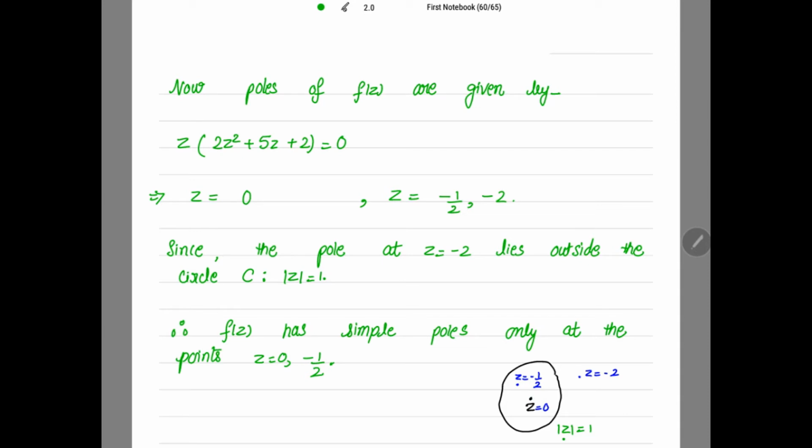And z is equal to minus 2: take the mod, which is equal to 2, so it is outside the circle. So this point minus 2 is outside the circle. I guess it's not here, it should be here because it is negative, on this side.